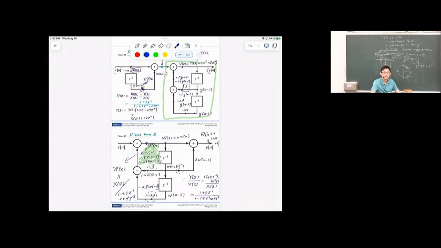Just memorize this shape, the entire picture, and how you put all the checks together. Even though they look different at first, they result in the same system function. There are two different ways of implementing the same IIR filter. So far so good?